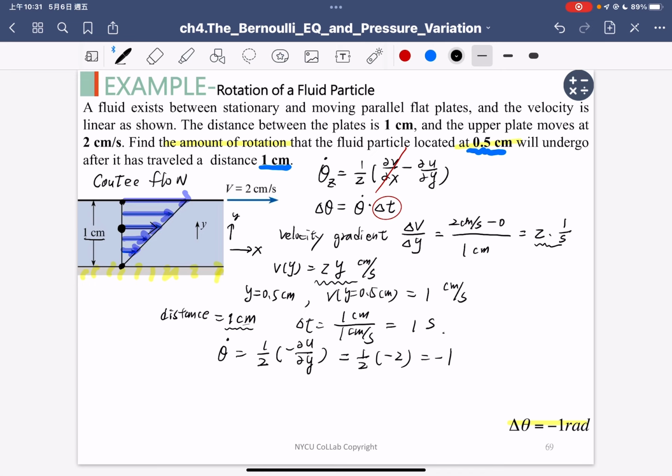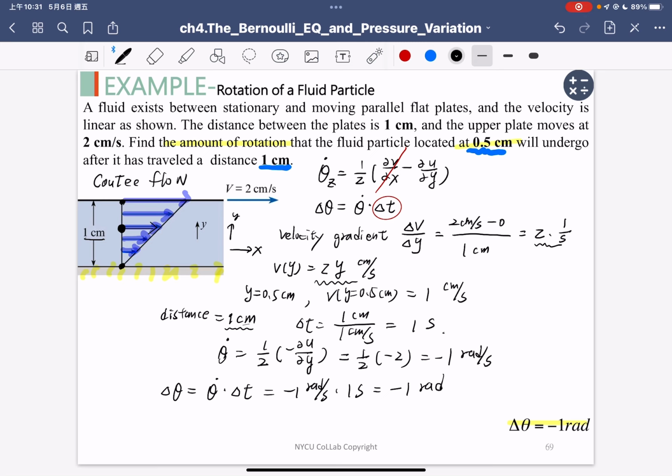So this is equal to minus 1. Because this is a theta rate, the dimension is radians per second. So we have the theta rate, and we have the delta t. So we can calculate the delta theta, which is equal to the theta rate multiplied by the delta t. So minus 1 radian per second multiplied by 1 second is equal to minus 1 radian.